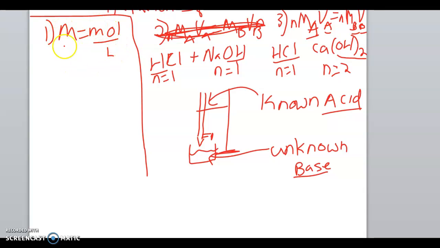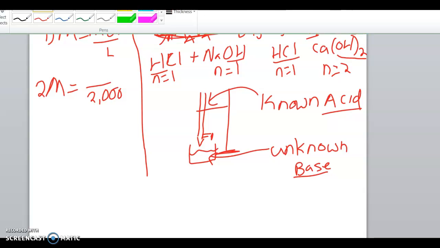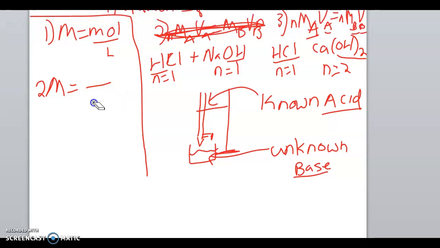For example, let's say I know I have an acid with a concentration of 2 molar, in a beaker, and its volume is, let's make it easier, 2 liters.